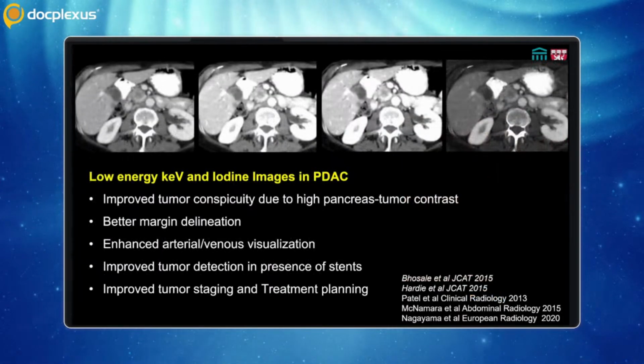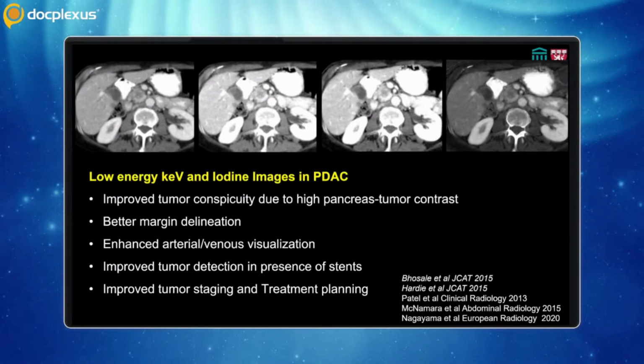So low energy keV and iodine images acquired from dual energy CT acquisition in pancreatic cancer improve tumor conspicuity, allow better delineation of margins, allow enhanced visualization of the arteries and veins, and improved detection of tumors in the presence of stents, leading to better tumor staging and treatment planning.